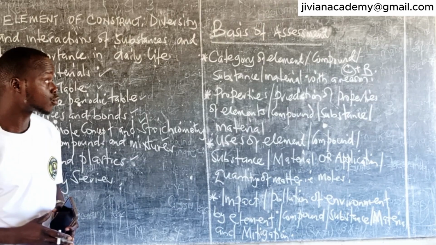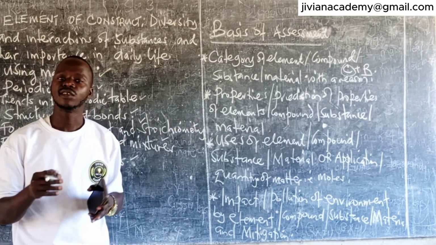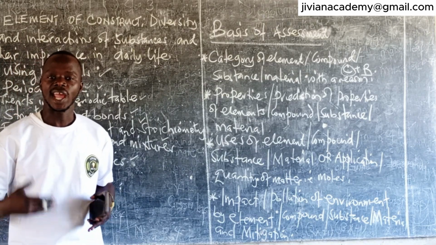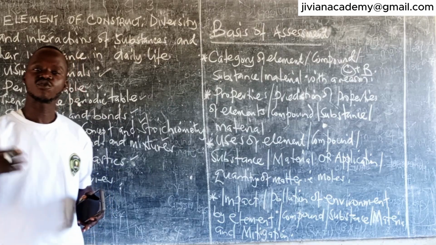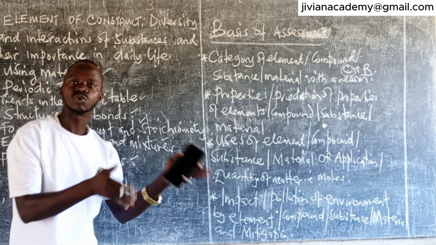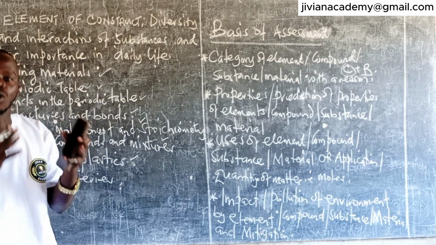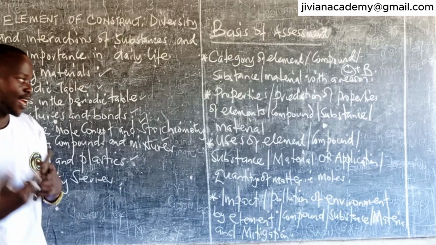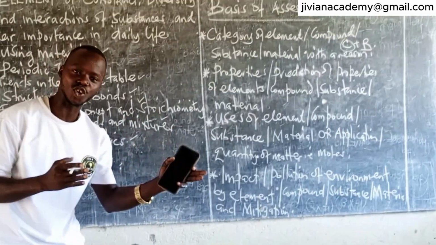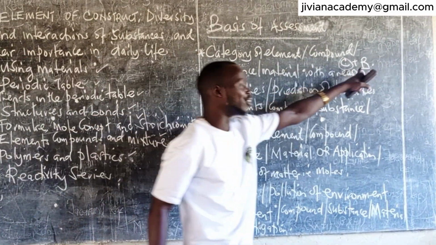That statement, because it is formed as a result of complete transfer of electrons from the sodium atom to the chlorine atom, takes us to what we call the reason.